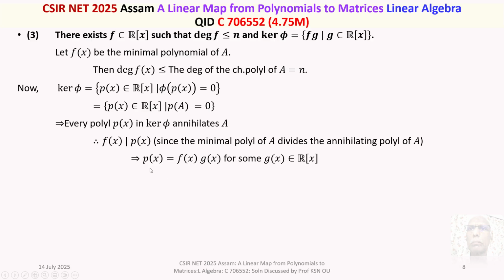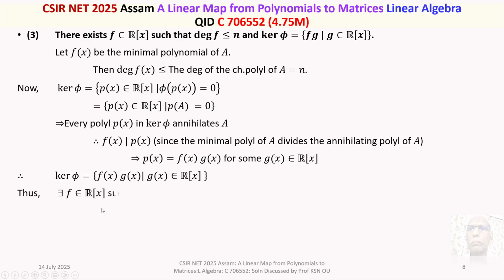Thus, P of x is equal to f of x into g of x for some g of x belongs to R of x. Right. Therefore, the kernel is the set of all P of x such that phi of P of x is equal to 0, and it consists of all those P of x meaning f of x into g of x. So the kernel consists of all polynomials which are the product of f and g of x belongs to R of x.